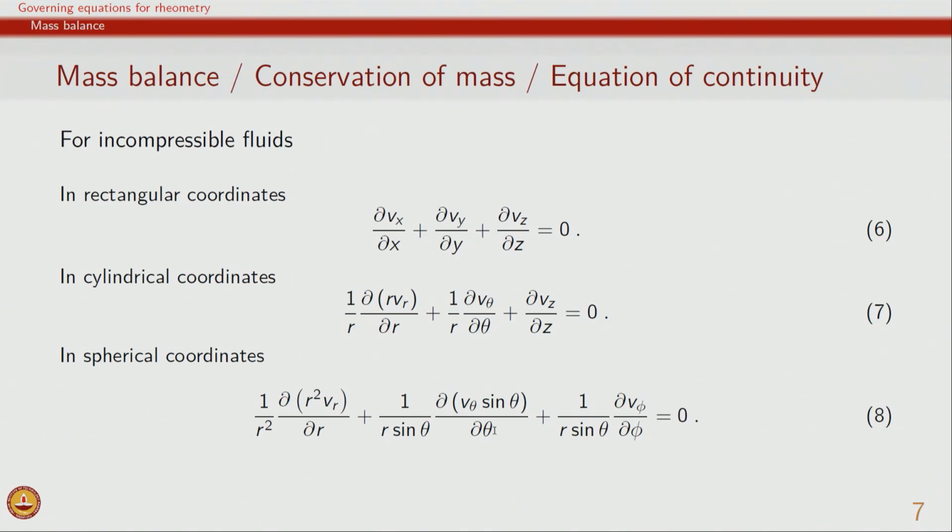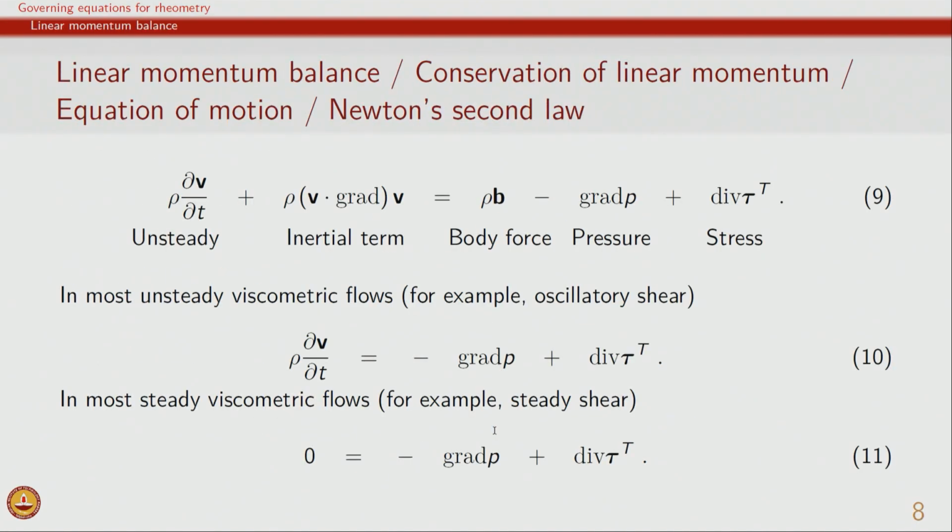So, now let us look at the linear momentum balance. This is also called the conservation of linear momentum, of course, which is also a statement of Newton's second law.